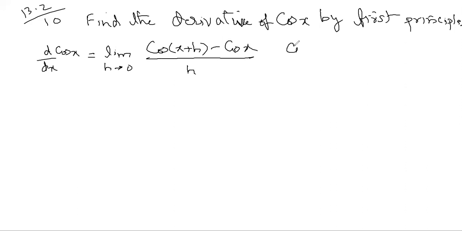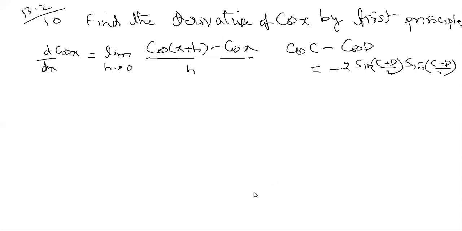Now here you have to use the formula for cos c minus cos d. So cos c minus cos d means sin will come. You can write minus in the starting: minus 2 sin((c plus d) by 2) and sin((c minus d) by 2).